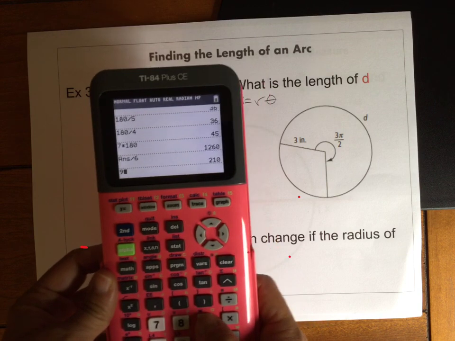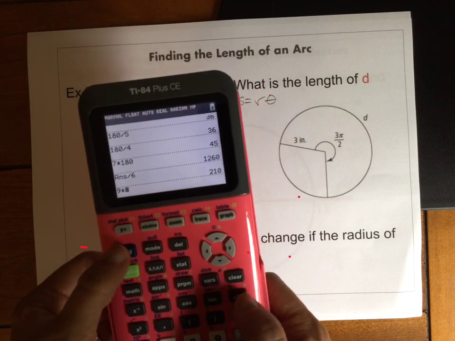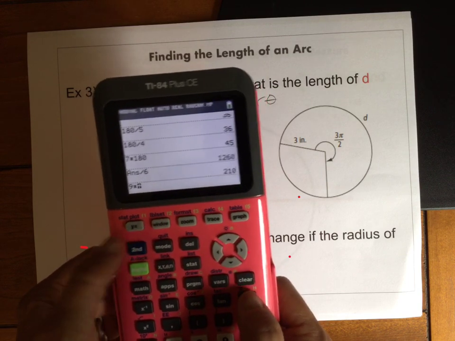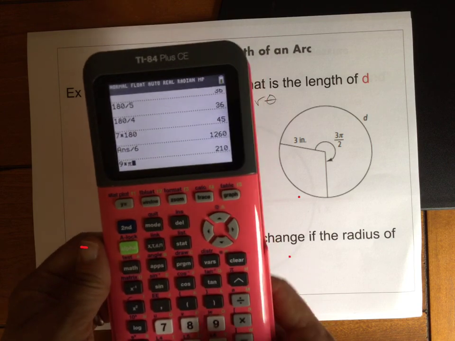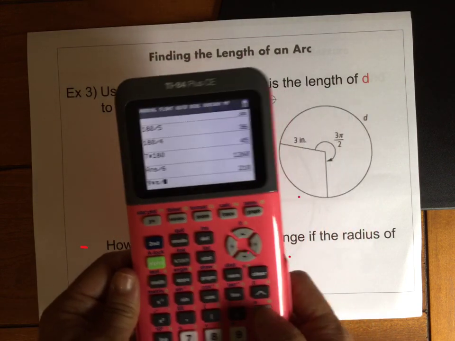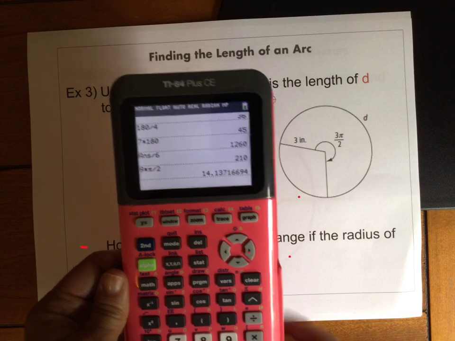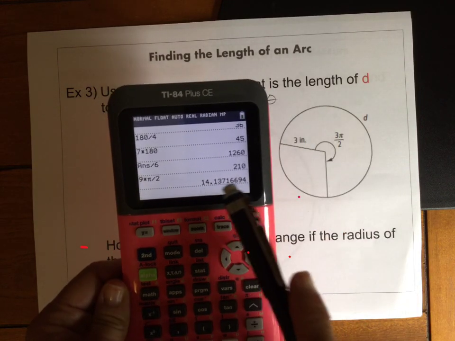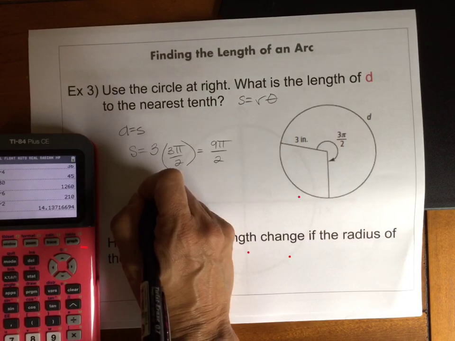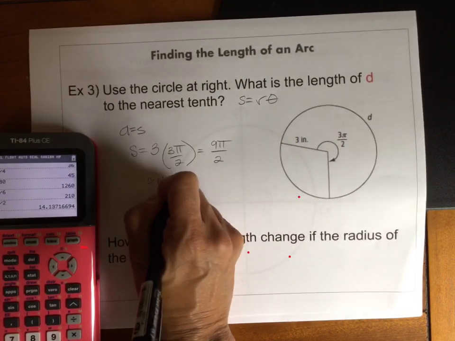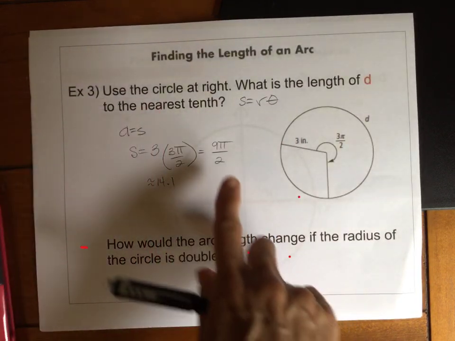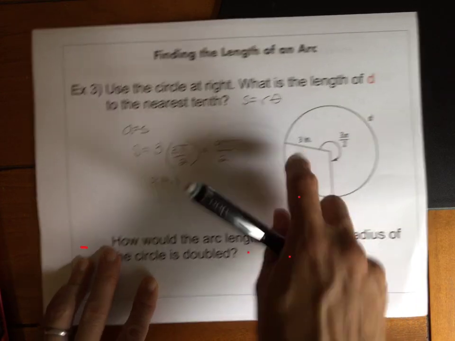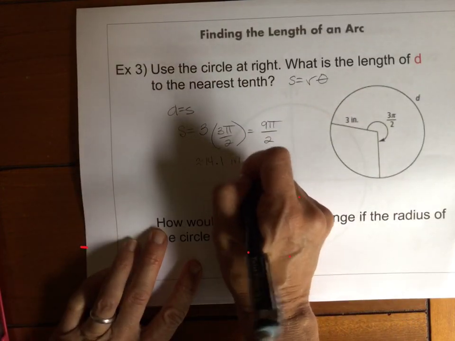So you're going to take 9, you're going to multiply it by pi, so you get there by hitting second caret. And then you're going to divide everything by 2. And so you can see it says to round to the nearest tenth, so I'm going to say it's about 14.1. And then because it is describing a length, notice that it says inches, so I'm going to put inches.